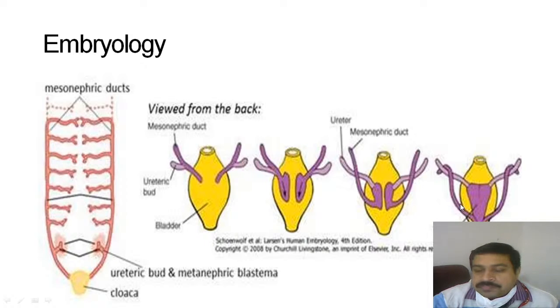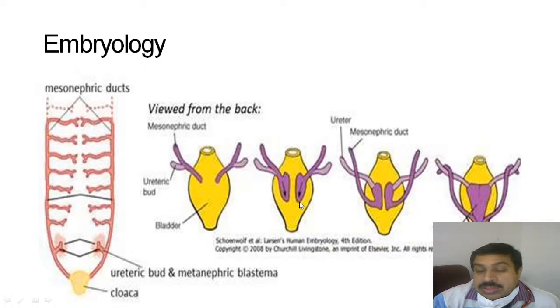Why it is important to understand is that the posterior urethral valve, which I was talking about, happens somewhere here. The pathology: there is improper absorption of this, improper development of this mechanism.